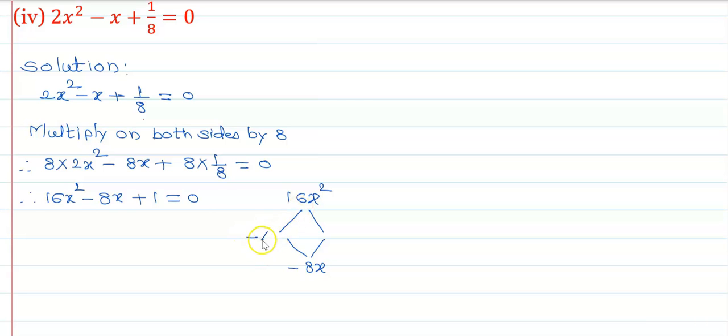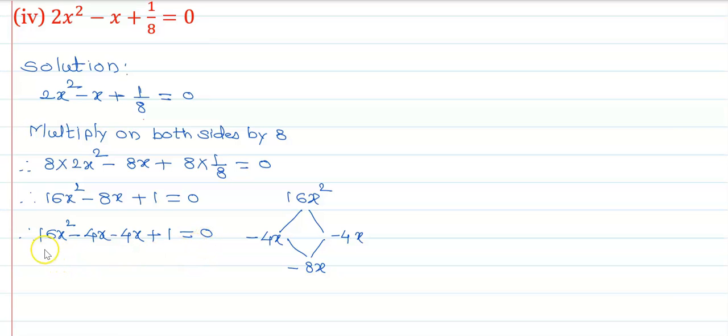The numbers are minus 4x and minus 4x. Minus 4x and minus 4x, minus 8x. Minus 4x into minus 4x will become 16x square, and therefore here we write 16x square minus 4x minus 4x plus 1 is equal to 0.